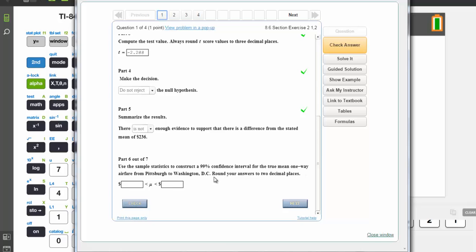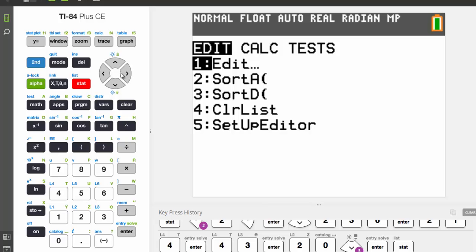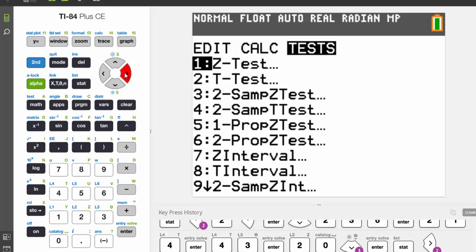Next, we are to use the sample statistics to construct a 99% confidence interval for the true mean one-way airfare from Pittsburgh to Washington, D.C. and round the answer to 2 decimal places. We can do that using the TI-83 or 84 calculator by pressing Stat, going over to Tests, and then pressing 8 for t-interval.